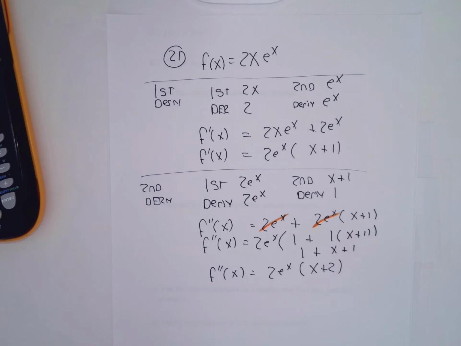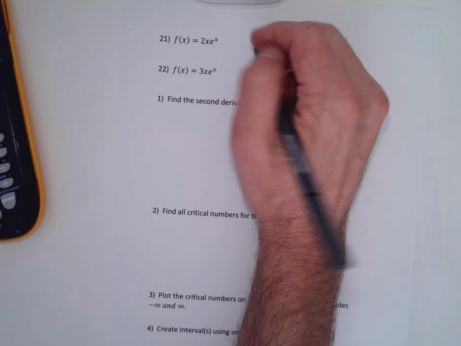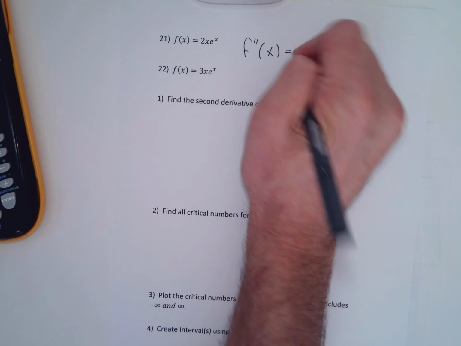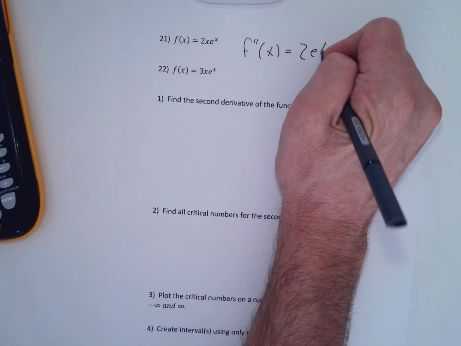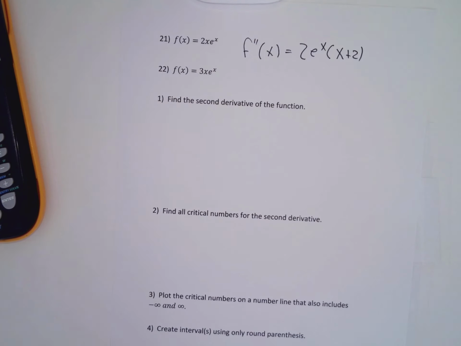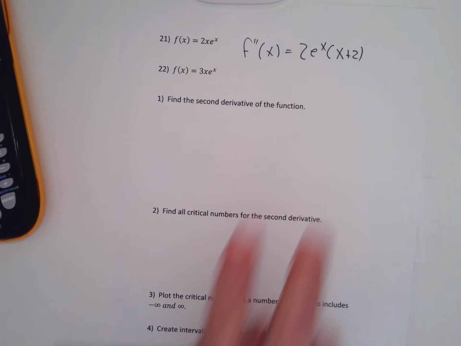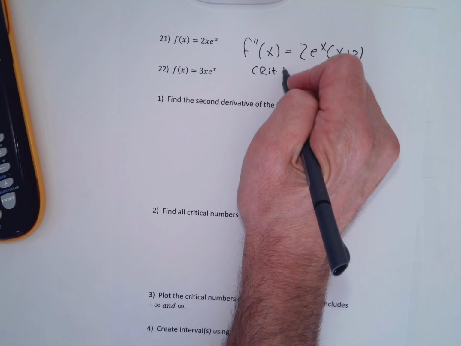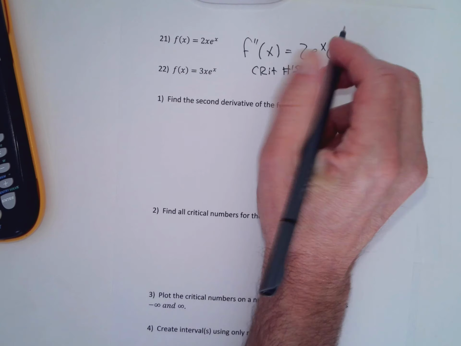I 100%, if I asked the second derivative question with an e function like this, I would give you this on the test. So now I have the original function and the second derivative. The second derivative is going to be 2e to the x times x plus 2. I'm going to move on and find my critical numbers. Find the critical numbers by taking the second derivative and setting it equal to 0.